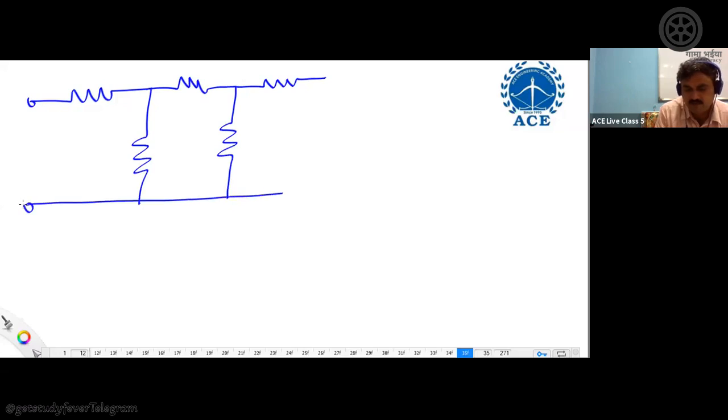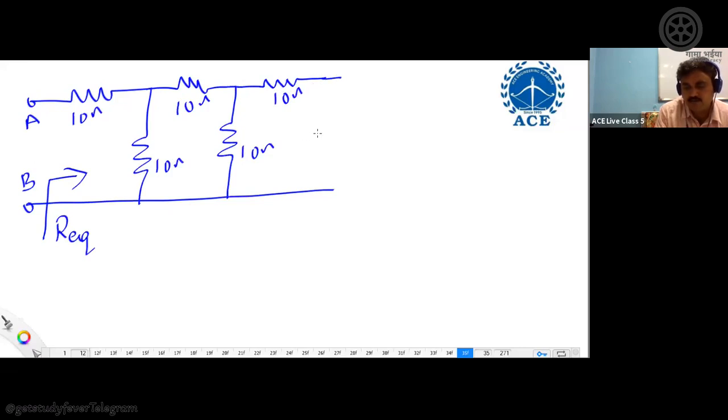If this is the network, then what is R equivalent seen across the terminals A and B? These values are 10 ohms, 10 ohms, 10 ohms. All values are 10 ohms. And this is repeating an infinite number of times. Same question only, it's a part of that.